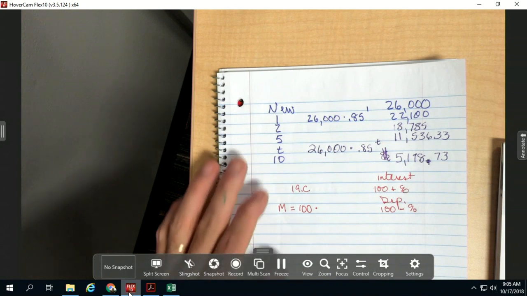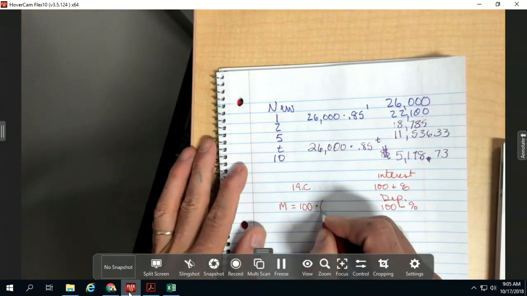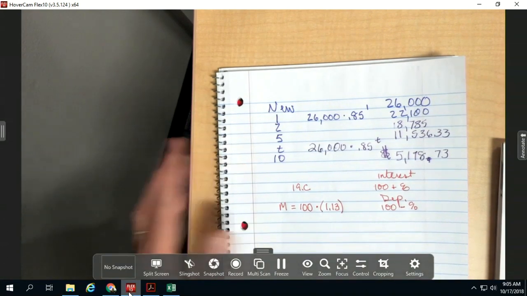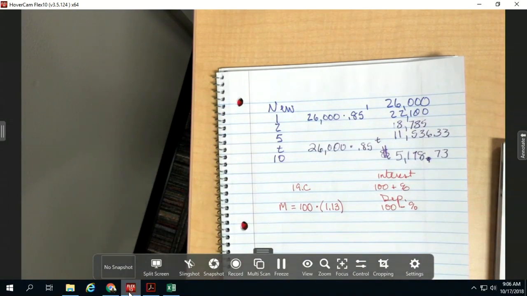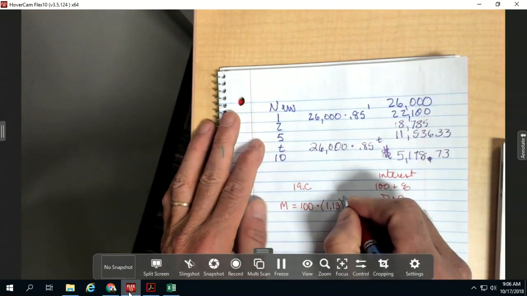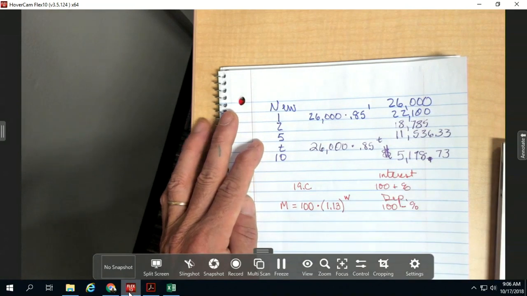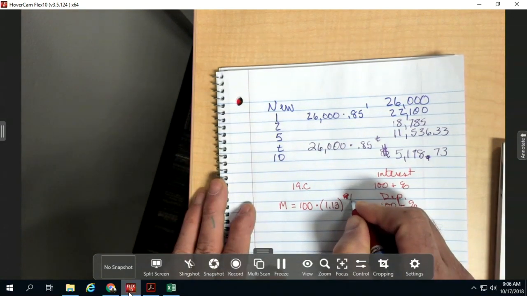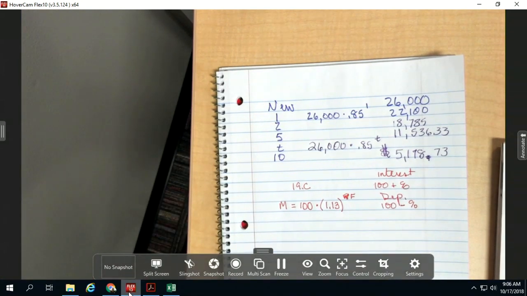So what's our $100 times 1.13? Now that's every 2 weeks. So instead of saying to the T, let's say to the F for fortnight, because a fortnight is 2 weeks. All right.